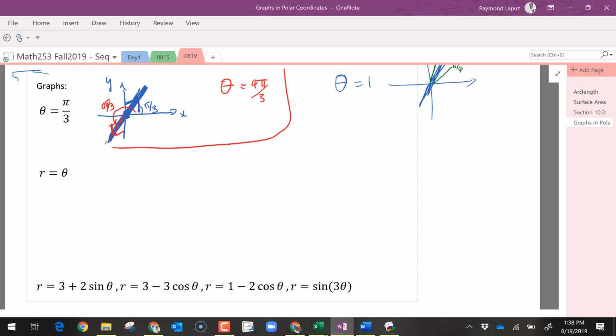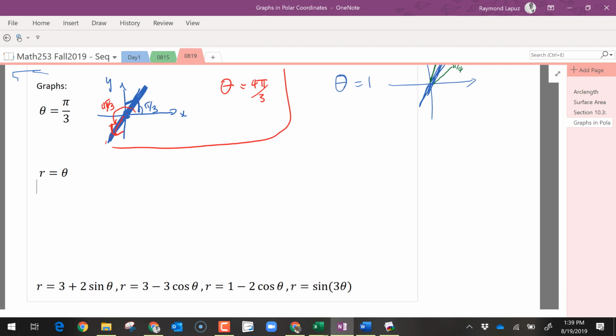And then your R will just go forward larger or smaller depending on what the function says. And if it goes negative, by the way, you go backwards from where you're pointing.